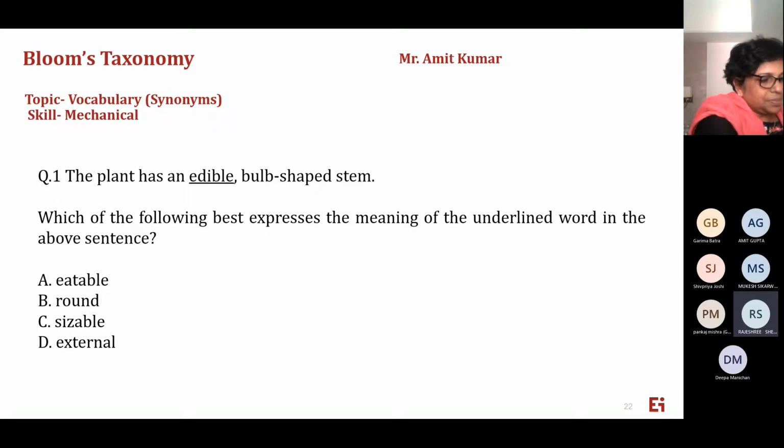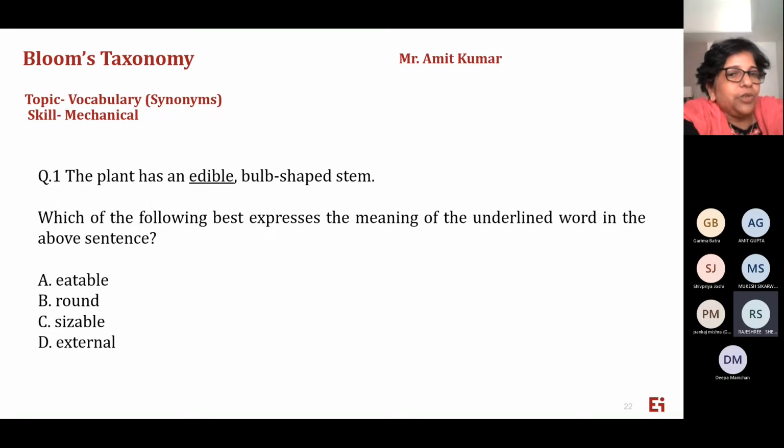But I have some objection on the stem of the question. Please tell, ma'am. I think instead of writing "best expresses", we can ask which of these is the correct meaning of the underlined word in the above sentence.